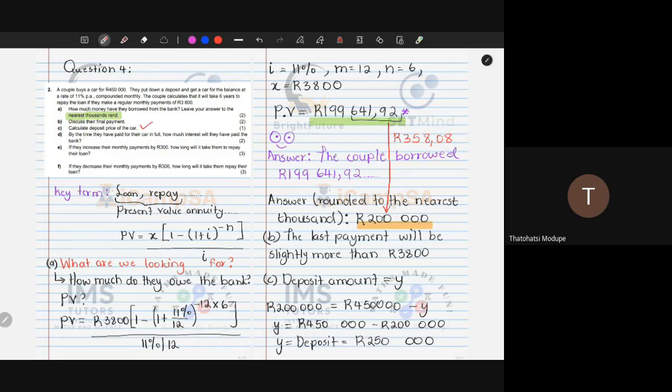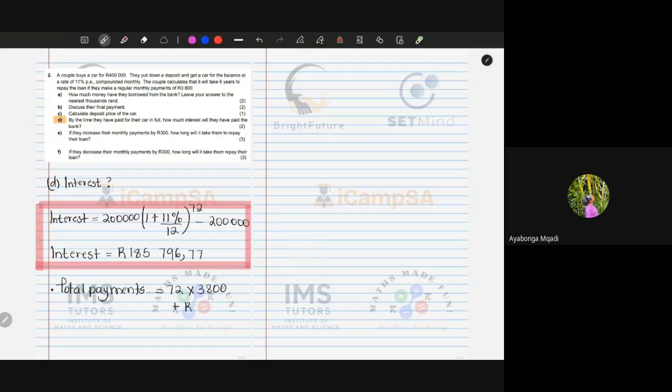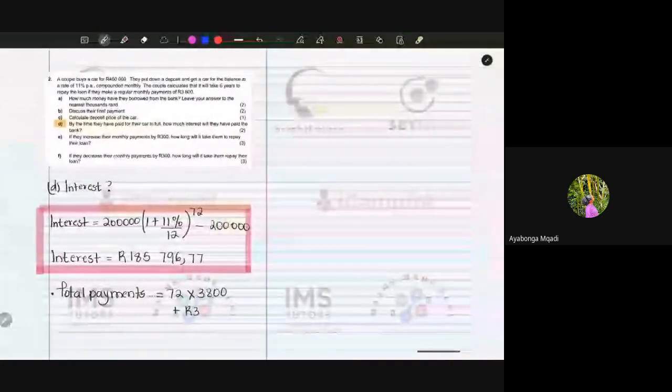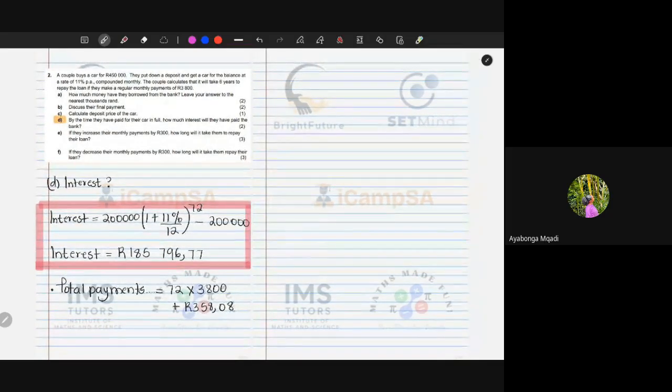So this is the amount which we need to pay extra on the last month, so that the 3,800 will cover that, but the extra amount will push it to 200,000. So it means the amount that we paid, we also need to add in that 358.08. So can you guys give me the total payments that we made to the bank? How much did we give the bank in total?